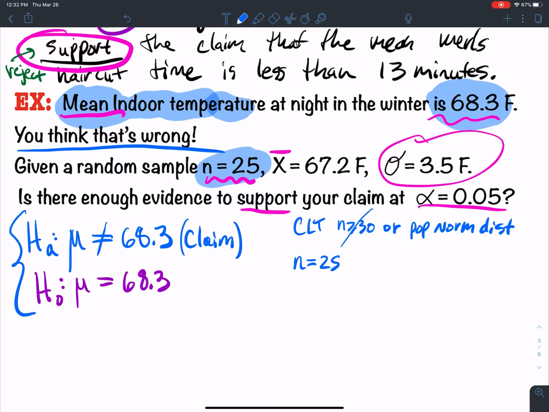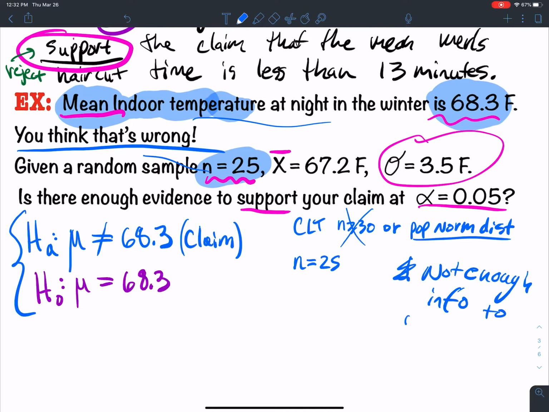That's not greater than 30. Does it say anything about the population being normally distributed? No, it doesn't. So at this point, you would say not enough info to work the problem.